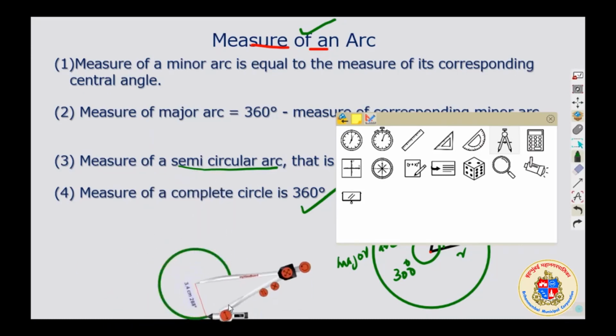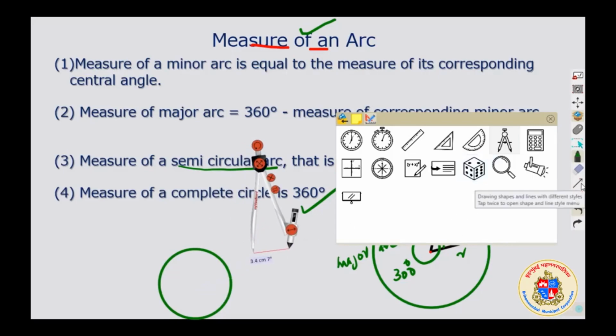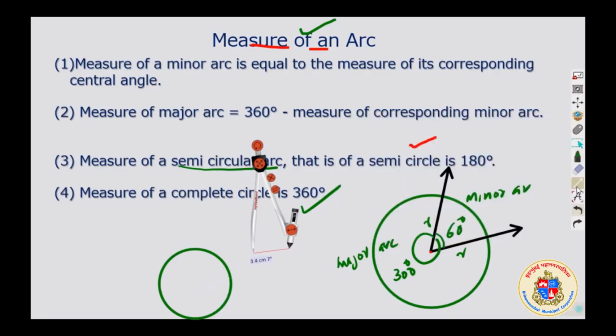Suppose that this is the circle. And if we are making a diameter to it, or we are trying to make a central angle in such a way that passing through the diameter, how it can be?